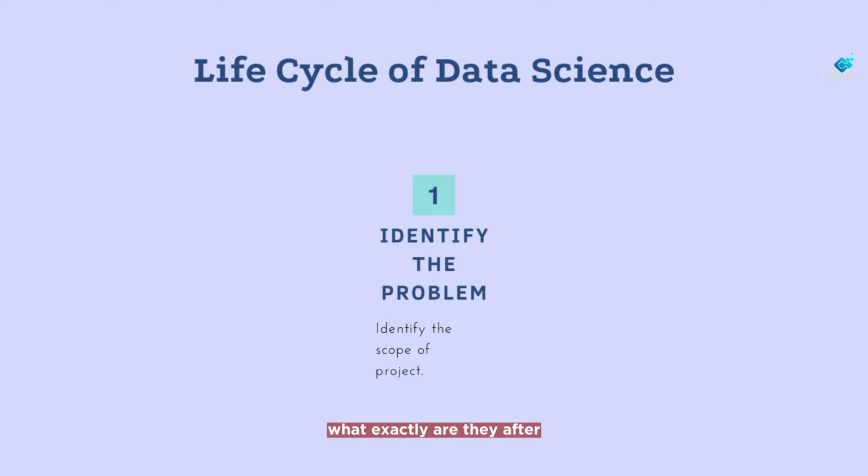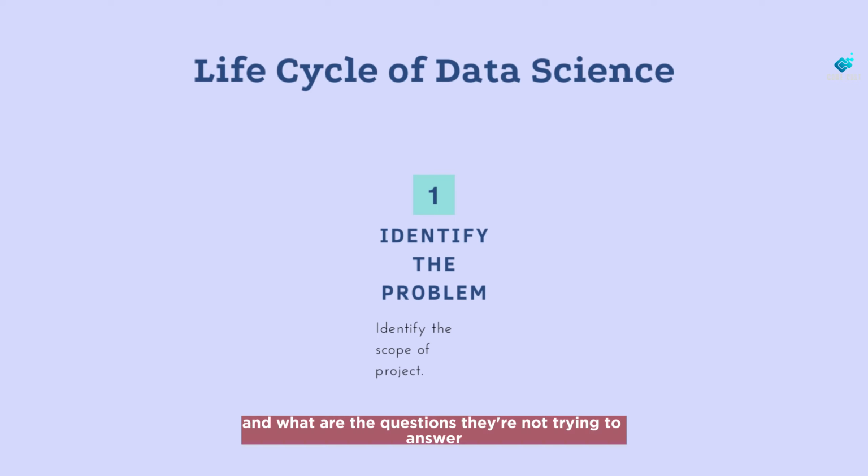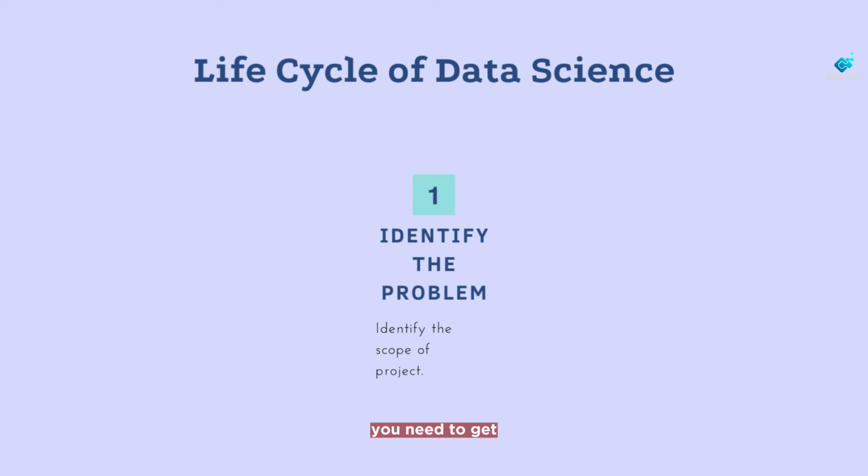What exactly are they after? What are the questions they're trying to answer? And what are the questions they're not trying to answer? And at the end of the day, you need to get their agreement to the scope of the project in writing in order to safeguard yourself from scope creep down the line.